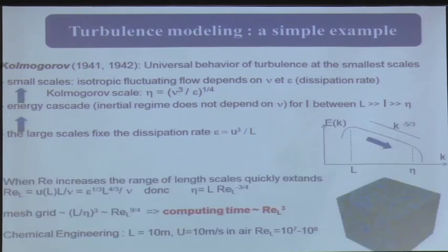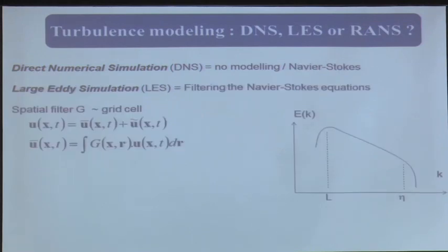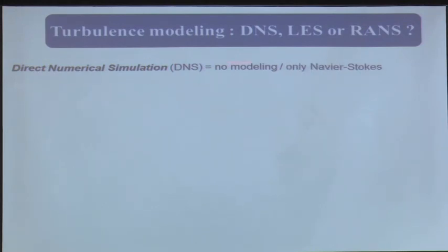So the question is, how can we manage this difficulty? The first technique to solve the Navier-Stokes equation is the one I described just before. This is what is called direct numerical simulation, which means there's no modeling.